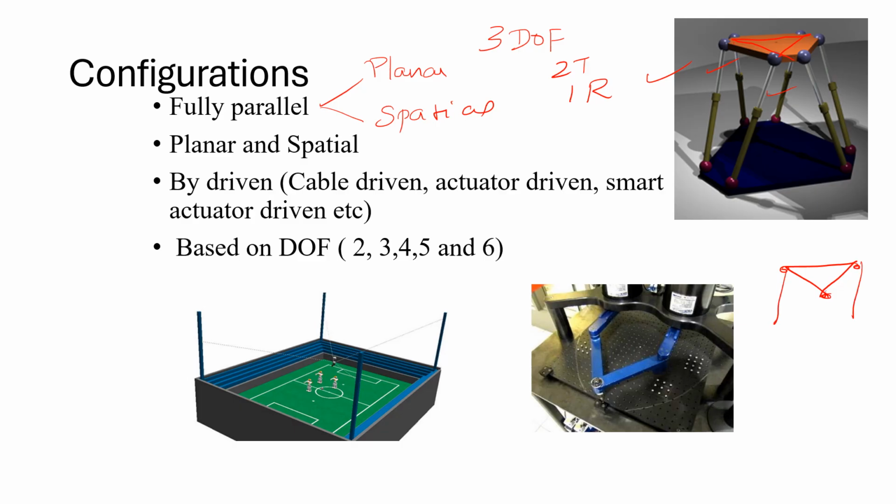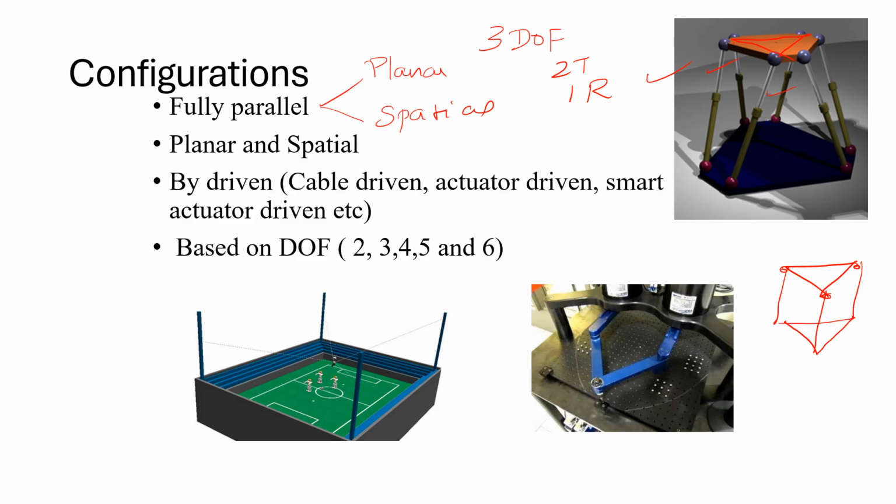Again, it will have a fixed base also. So the end effector here will be a triangle. Mobility will be zero when the actuators are locked. So this is a fully parallel manipulator which is planar, right?